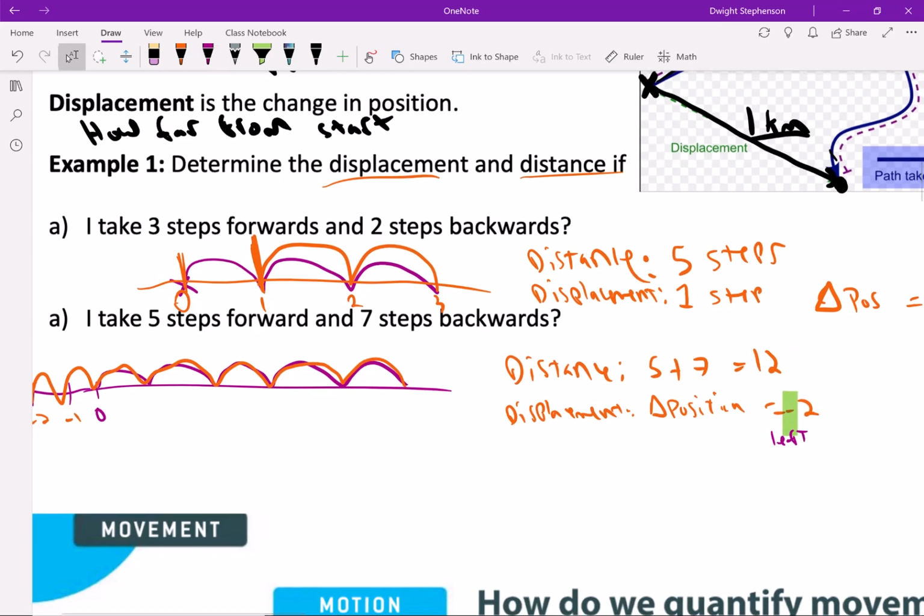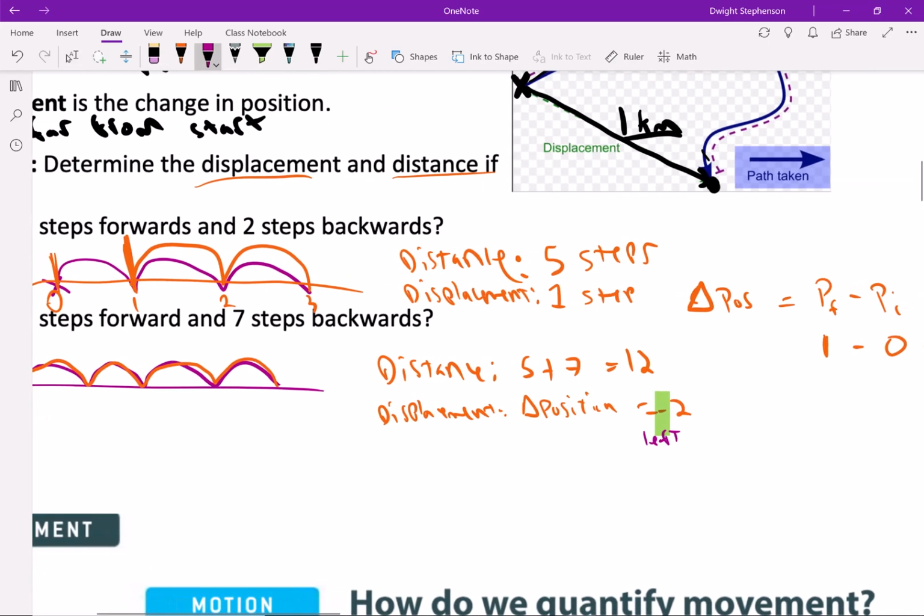And again, we could calculate this. We could have gotten this one by the final position minus the initial position. Sorry, we're thinking about d final minus d initial.